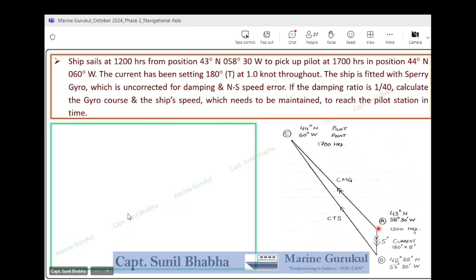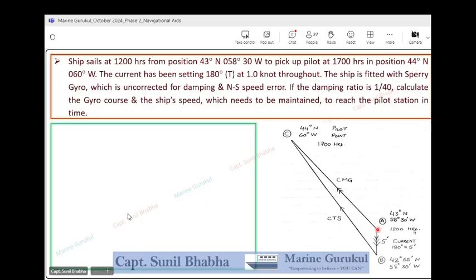Now next the question says the vessel needs to pick up the pilot at 1700 hours in position 44 degrees north and 060 degrees west. Now the pilot boarding point is this position here in the diagram, point C, Charlie point. Latitude 44 degrees north, longitude is 060 degrees west, and we need to reach here at 1700 hours.